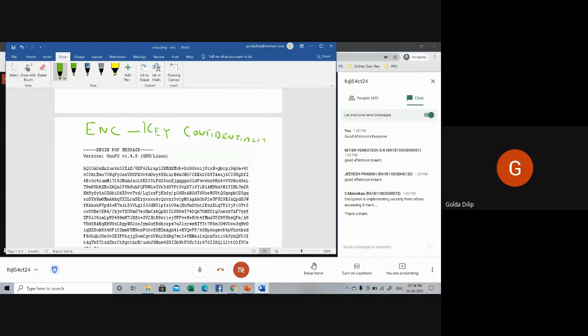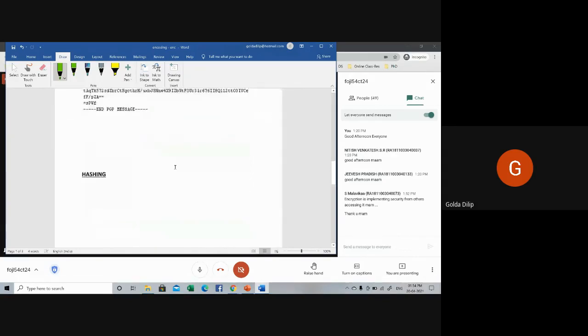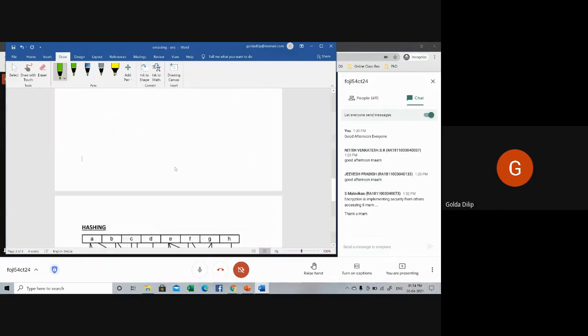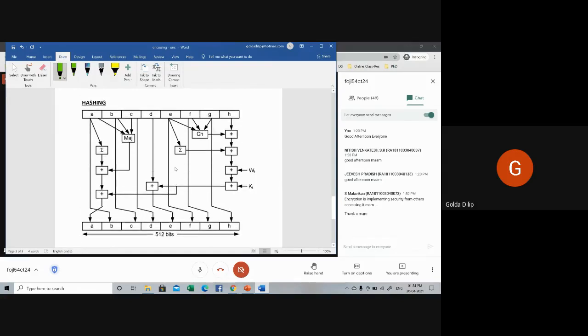The third one, which in the last unit we kept on talking about, is hashing. This is another terminology. All these things you should know. These are the fundamental basic blocks on which the various network security concepts lie. Hashing is for the purpose of ensuring integrity.